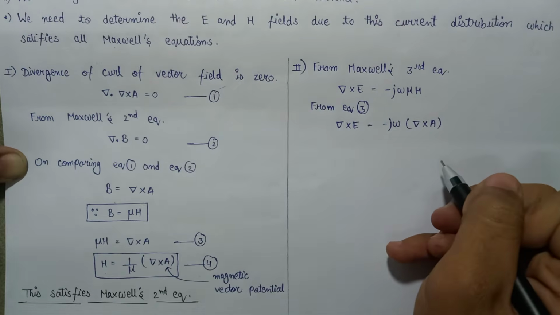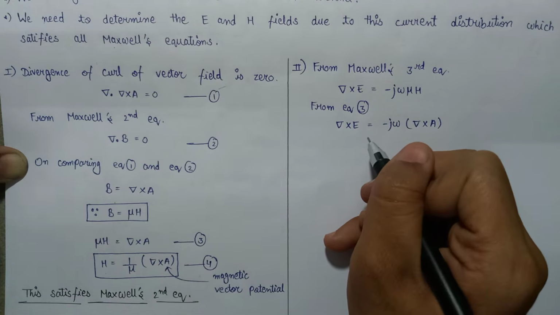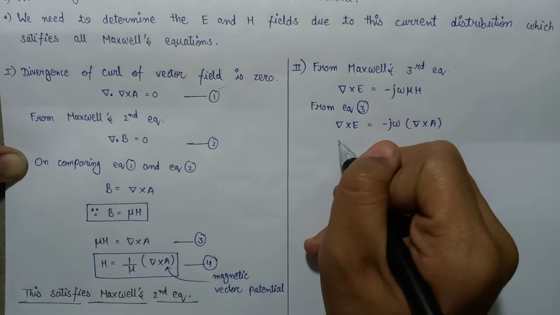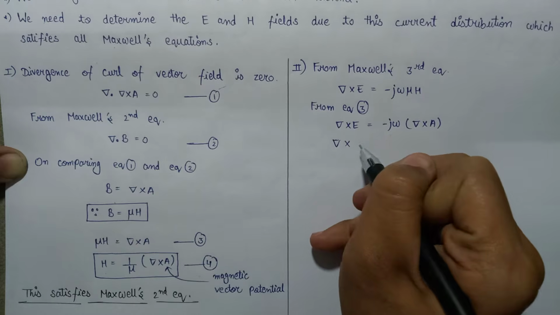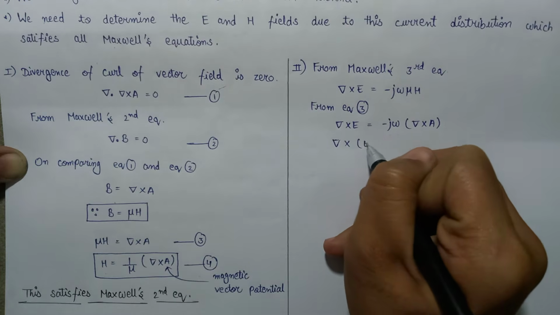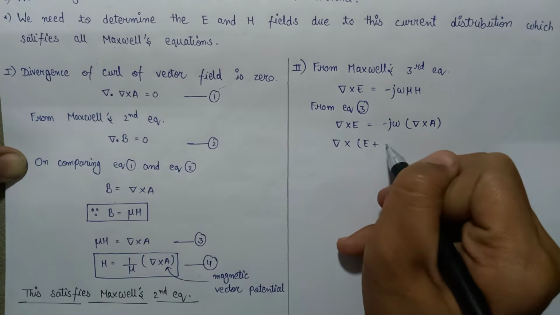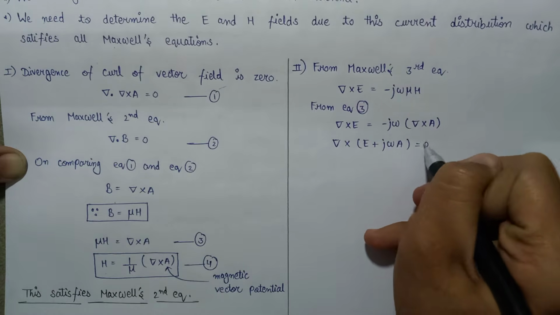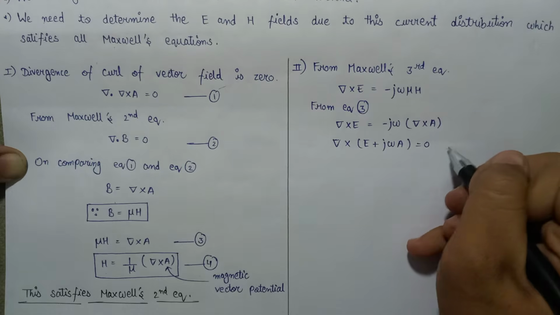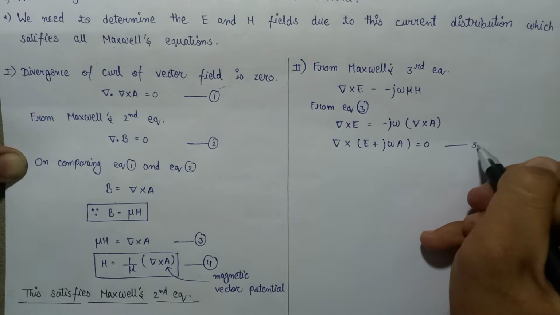Now if we shift it to the left hand side, taking del as a common factor, we can write del cross (E plus j omega A) equals 0. Let me give it as equation number 5.